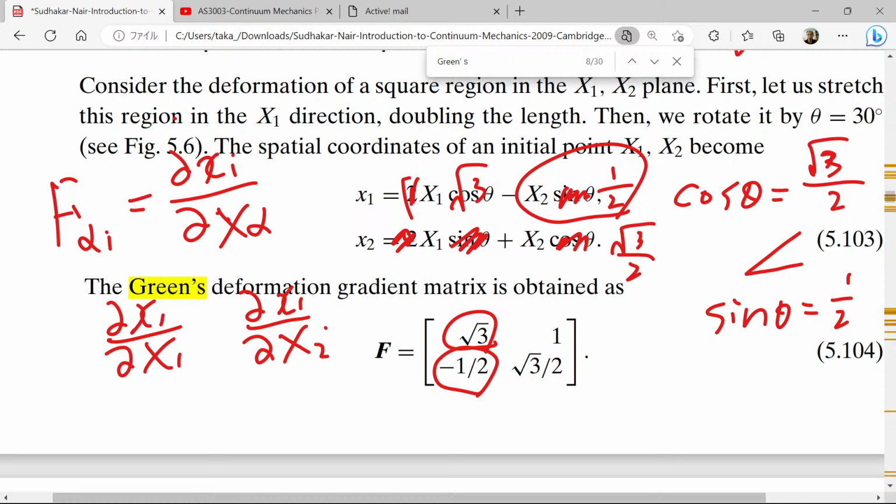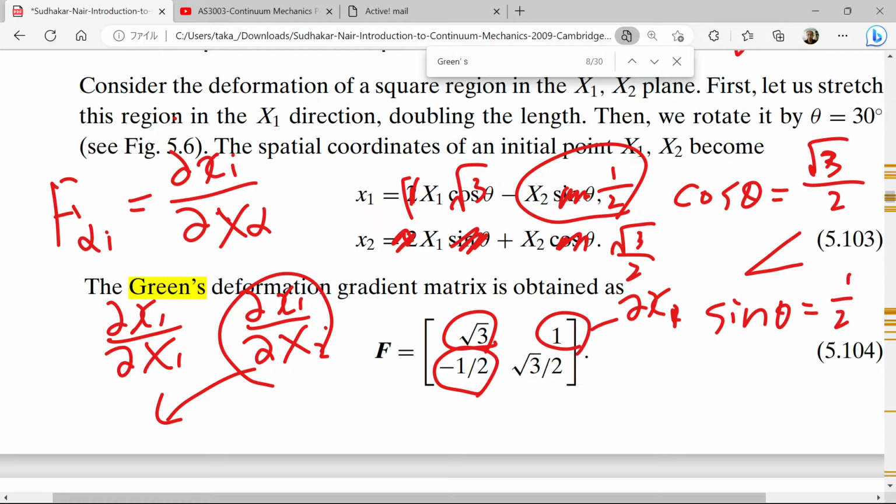Yeah. So now this guy can go here. So then this one is partial x2, partial X1.